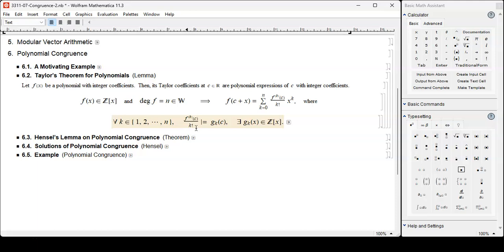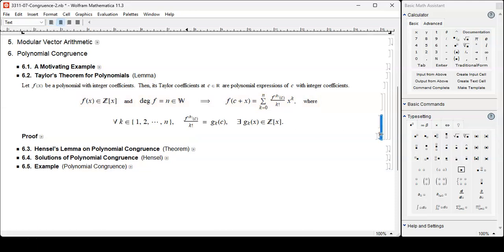But what this theorem says is, in the end, we have a nice cancellation, and we must come down to a polynomial expression of c with integer coefficients if we start from polynomials with integer coefficients. Well, we are dealing with number theory, so we want to stay within integers, so it makes a lot of sense to go through with integers. So let's go ahead and prove it.